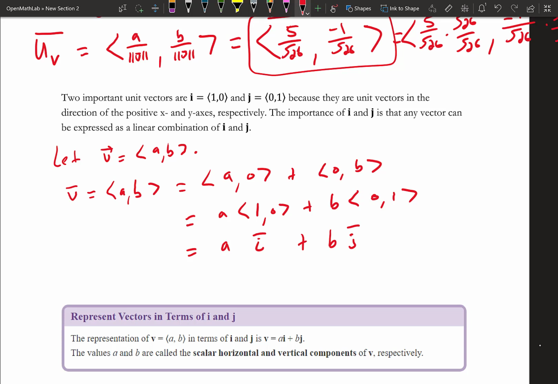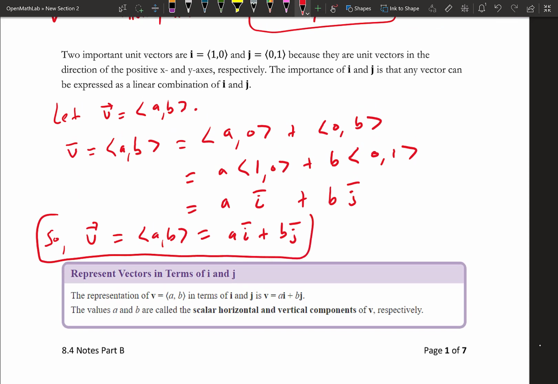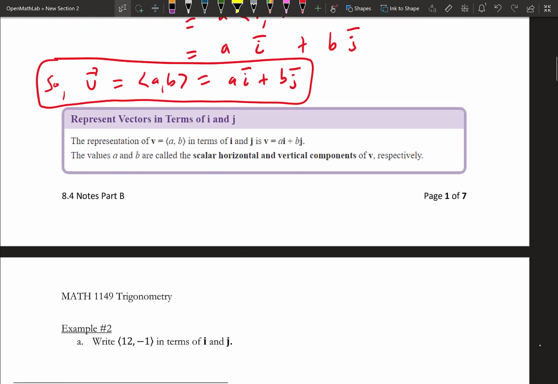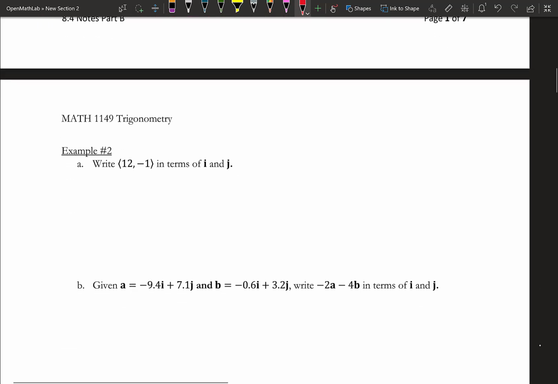So basically what we've just shown is that vector v can be written as ai plus bj. So any vector can be written in terms of i and j, and that just makes it convenient and nice to work with. That information is summarized here in this table, so you can read over that.